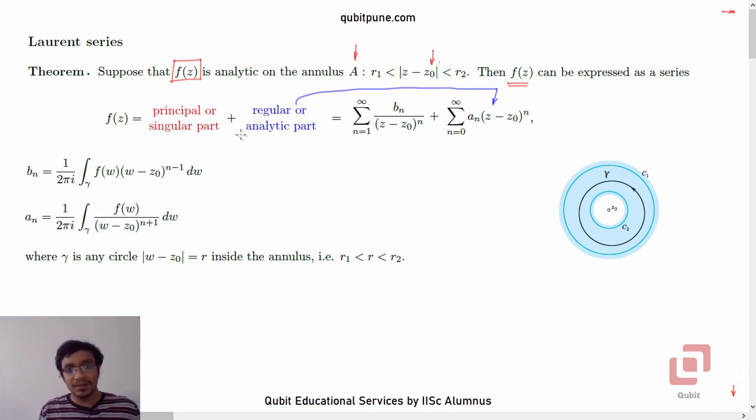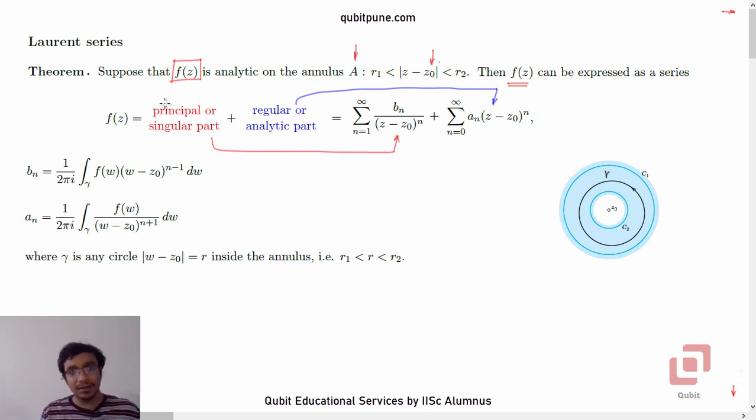Then comes the next part, the principal part or singular part. This part consists of terms which have negative integral powers of z minus z naught, and as you can see, z minus z naught is in the denominator and raised to n. So the principal or singular part consists of negative integral powers, and the regular or analytic part consists of positive integral powers as well as the constant term.